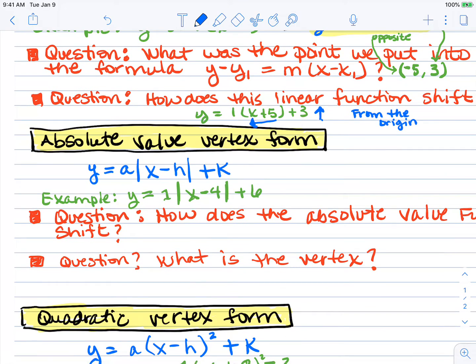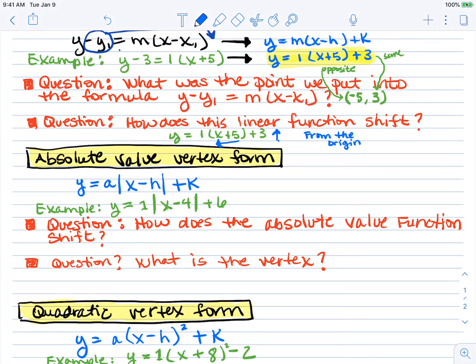On the next one, I'm going to talk about the absolute value in the same way. I sort of derived where that vertex form comes from. We're going to use that vertex form for our absolute value functions and then again for our quadratic functions. So when I'm looking at my example in green, I want to know how the absolute value function shifts. Well, I'm going to rewrite this and say y equals 1 absolute value of x minus 4 plus 6.